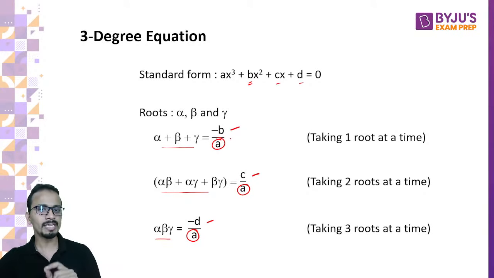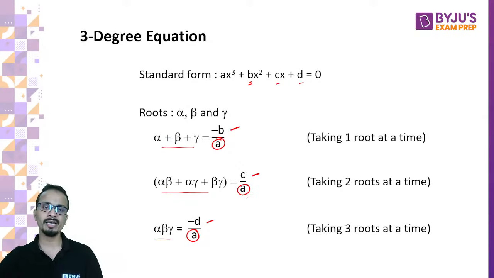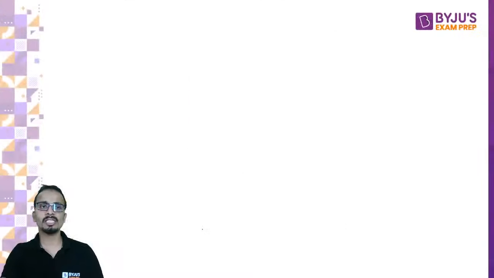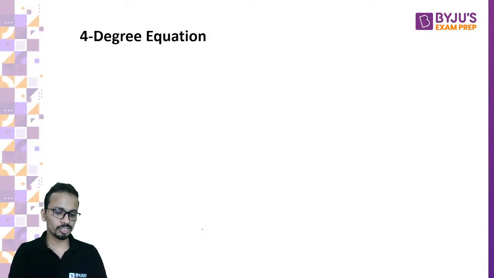So the first formula is minus B upon A, the second formula is plus C upon A, and the third formula is minus D upon A. You will understand it much better in the next case, when I consider a 4-degree equation.